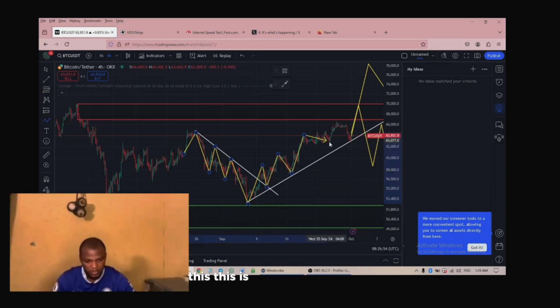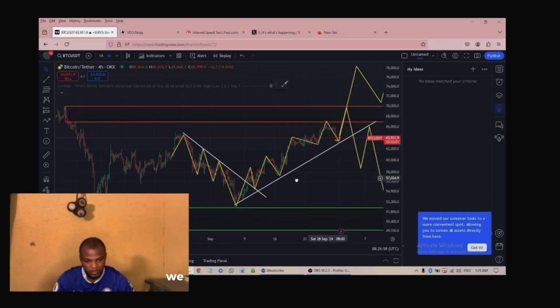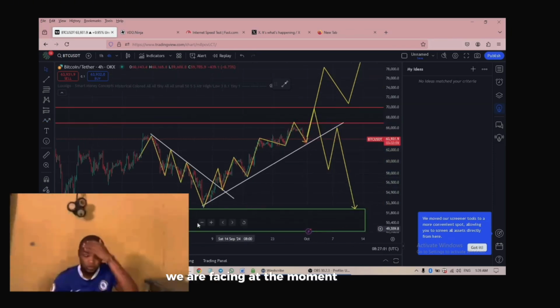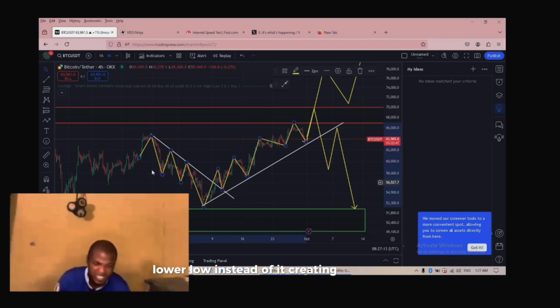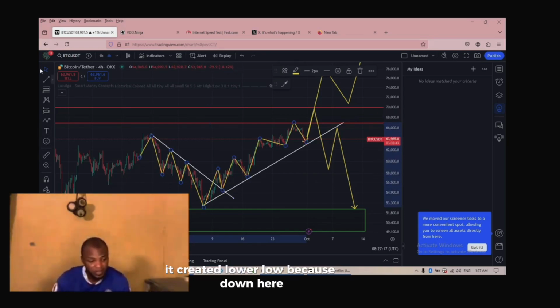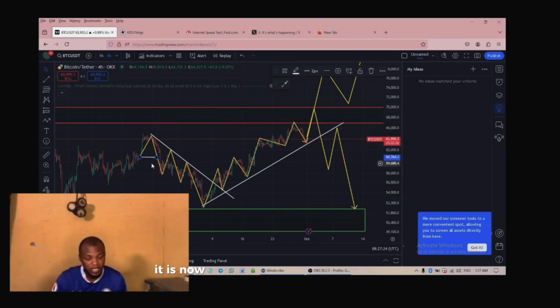This is the pattern we are facing at the moment. So this is a downtrend. Now the market going higher high, this is higher high, lower low. Instead of it creating a higher low, it created a lower low because down here, it has created a change of character.